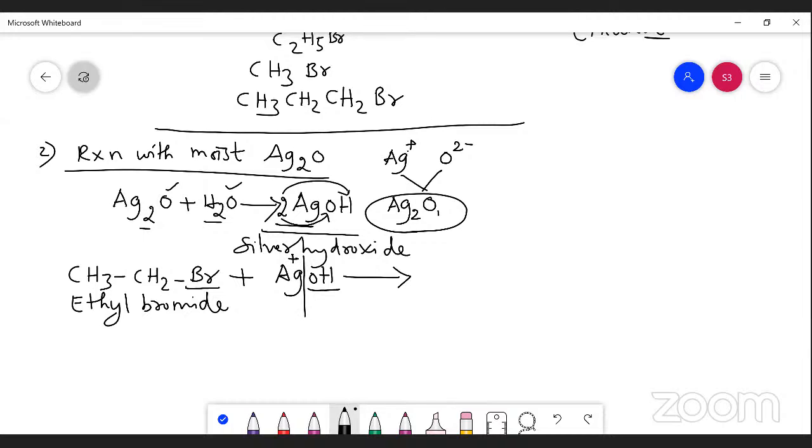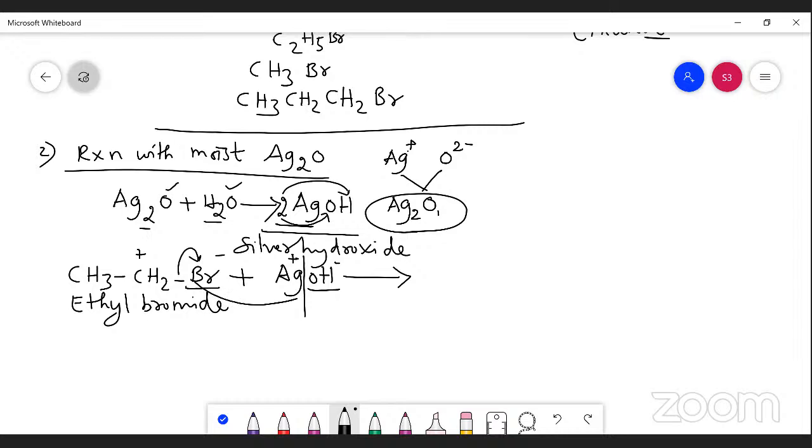Ag is a metal, electropositive, and OH minus is the nucleophile. Because of the polarity, Br gets a partial negative charge and this C gets a partial positive charge. So Br is one nucleophile and OH minus is another nucleophile. Now what is our aim?